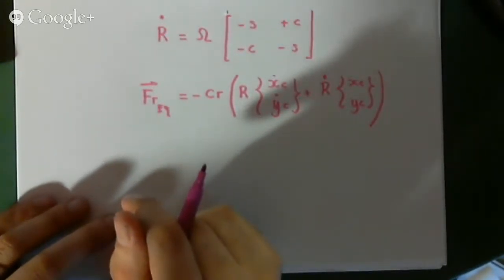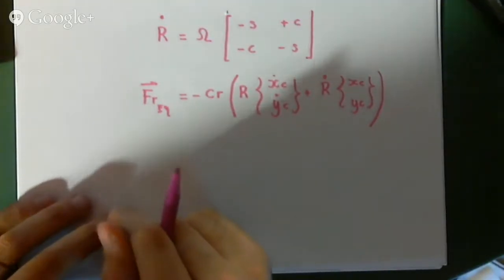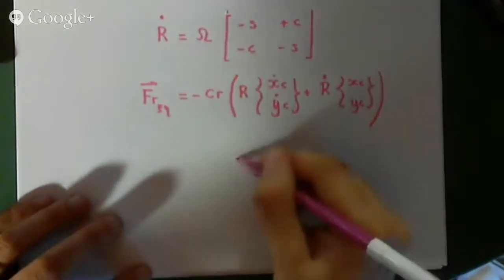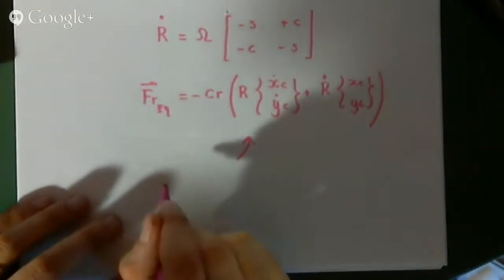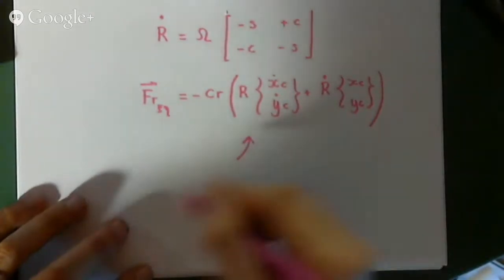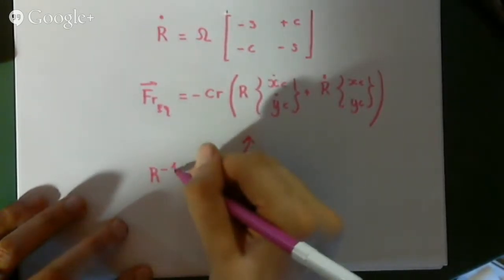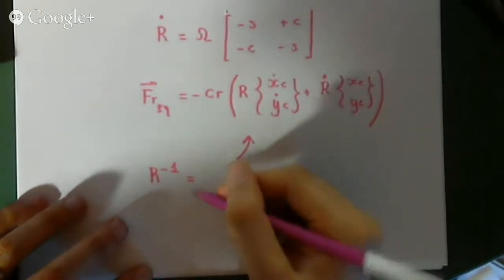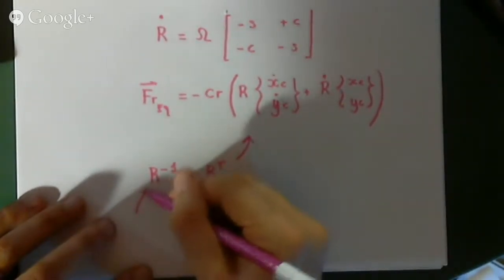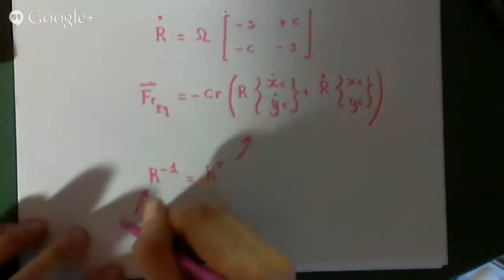The same force can be expressed in the fixed reference frame simply by multiplying this equation by the rotation matrix R inverse, that is also the transposed, because the R matrix is orthogonal.